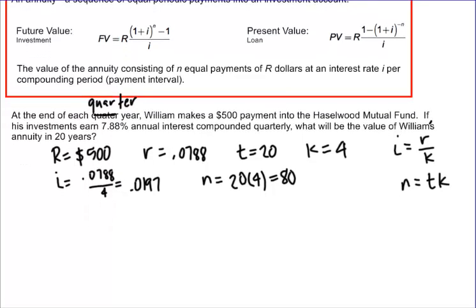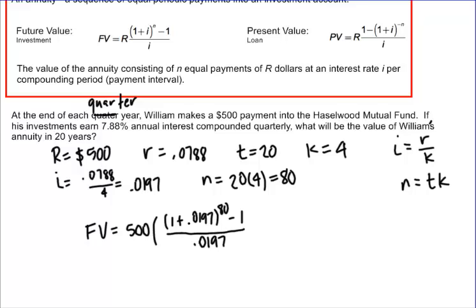Screw it down, give us a little more room here. My future value is 500 times 1 plus I to the n. So 1 plus I, which is 0.0197, to the nth power, 80, minus 1, divided by I, which is 0.0197.